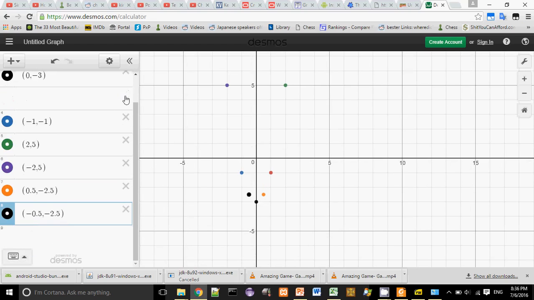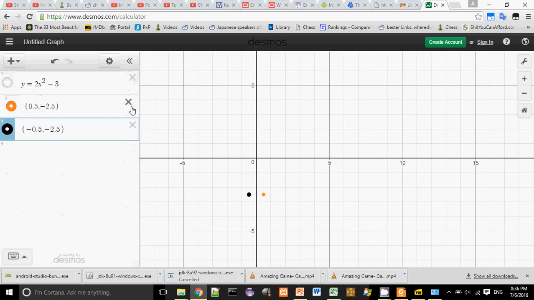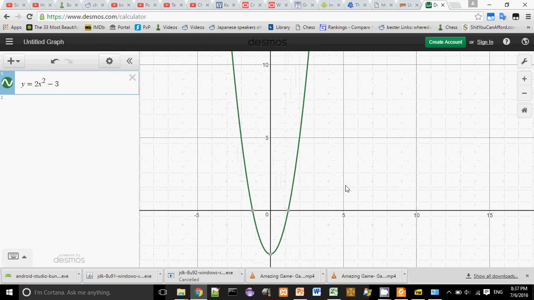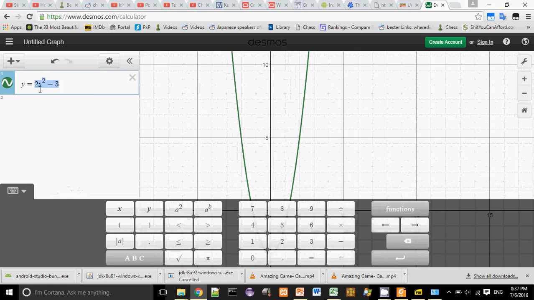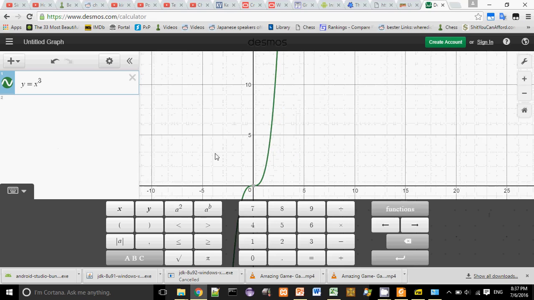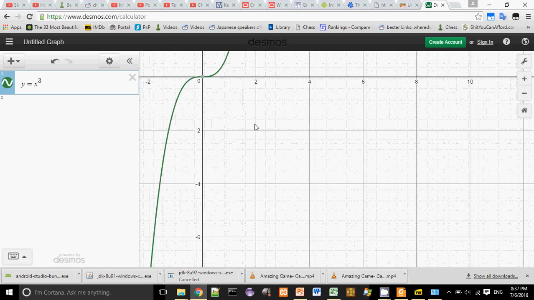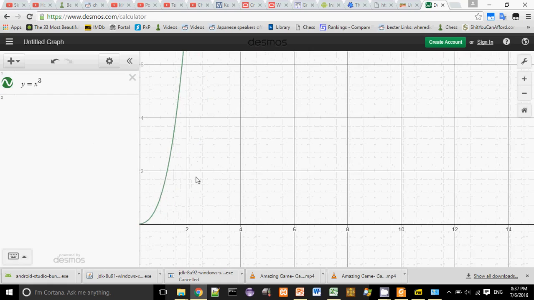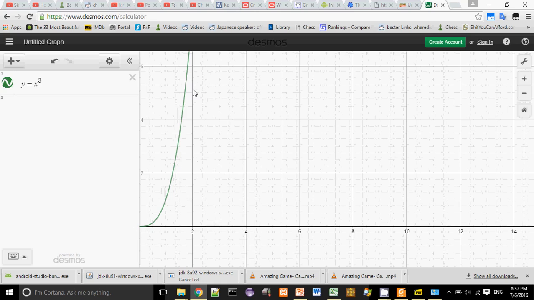Anyway, let's get rid of all these. Okay, so that's a quadratic. What about a cubic? So it has x cubed instead. And it looks pretty funky. If you just look at this side, it's a lot like a parabola.